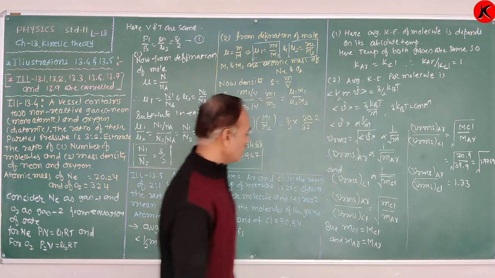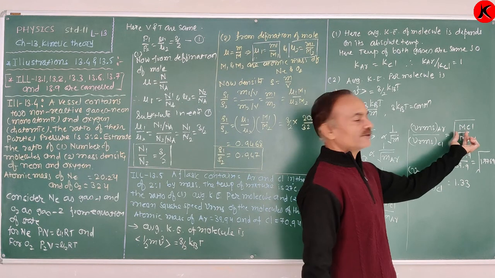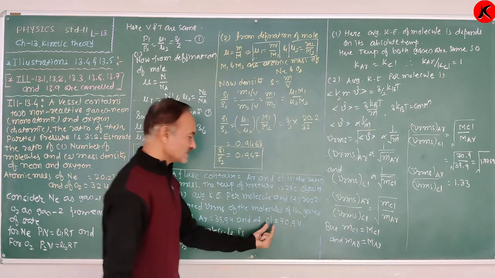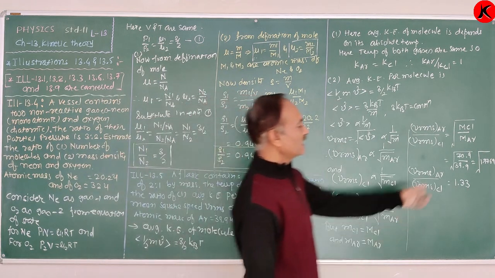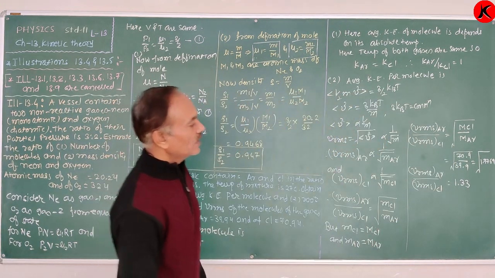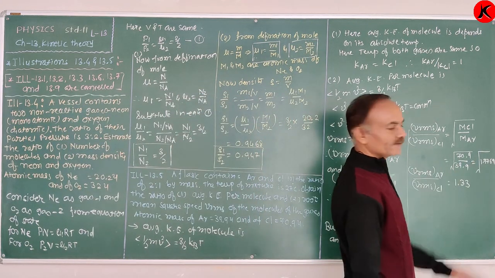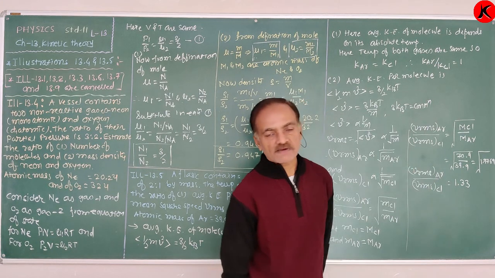Now we substitute the values of the masses. So square root of 70.9 upon 39.9. As we simplify it, we obtain 1.7769. Therefore, this ratio is 1.33.